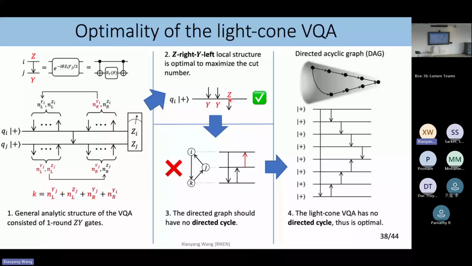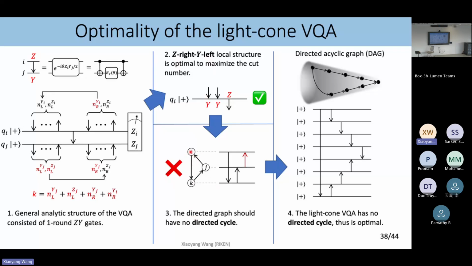If we want to realize this Z right, Y left structure across all the qubits, we find that the quantum gates should not have a directed cycle.